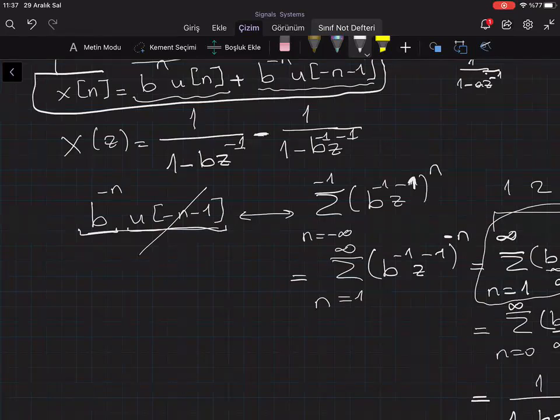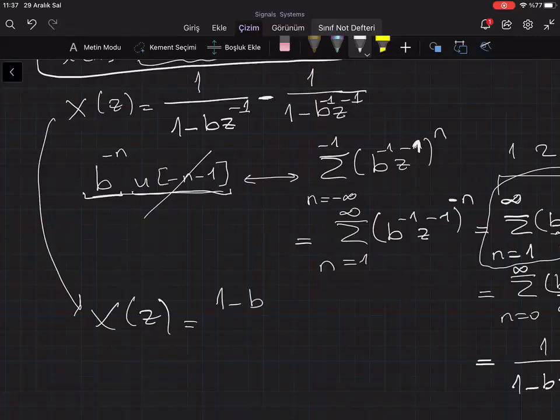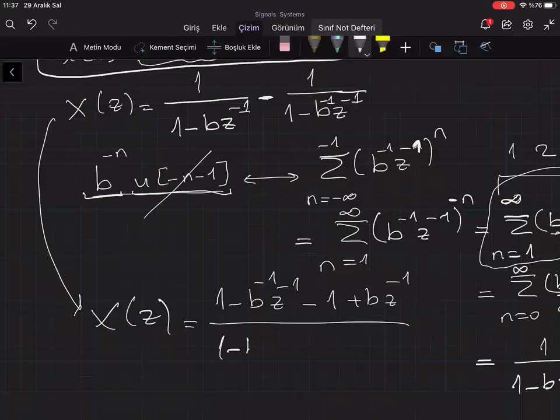So now I'm going to go from here to here. X of z is going to be equal to 1 minus b to the power minus 1 z to the power minus 1 minus 1 plus b z to the power minus 1, divided by 1 minus b z to the power minus 1 times 1 minus b to the power minus 1 z to the power minus 1.